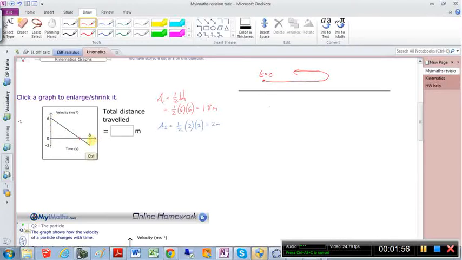Well, these two short sides, these back sides are in the ratio 2 to 6, and we can also reason therefore that this line to this side must also be in the ratio 2 to 6. So we have 2 to 6 and 2 to 6. Okay, so we know that this point here must be 6. So it changes direction when time equals 6.